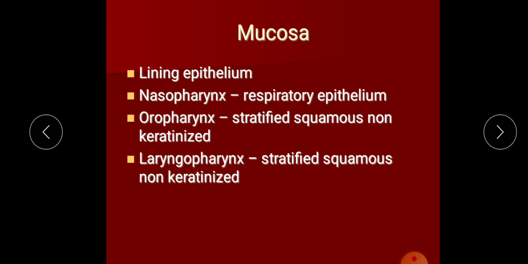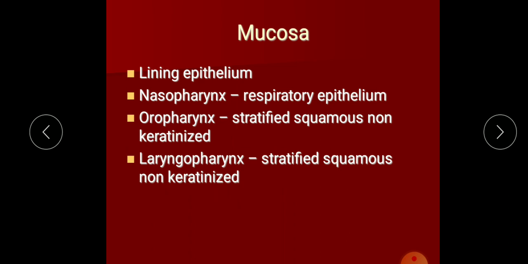What is respiratory epithelium? It is pseudo-stratified ciliated columnar epithelium. So it's very easy. How you remember? Nasopharynx, you have got the respiratory epithelium. What is it? It is the pseudo-stratified ciliated columnar epithelium. And the oropharynx and the laryngopharynx is characterized by the stratified squamous non-keratinized epithelium.